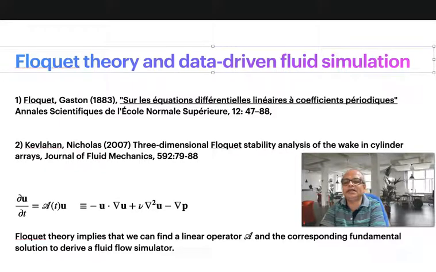So du/dt equals a matrix A times u, and I try to find this matrix A. Floquet theory says that the matrix may depend on time. So I'm going to try to find the best matrix A using any optimization technique, and then run this dynamical system again: du/dt equals A times u.